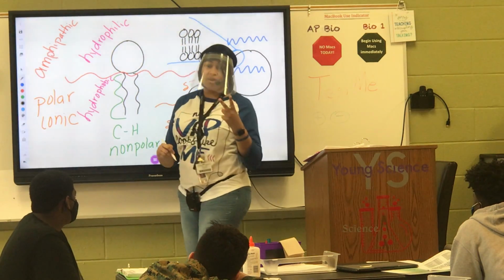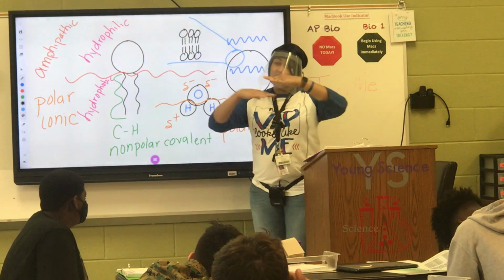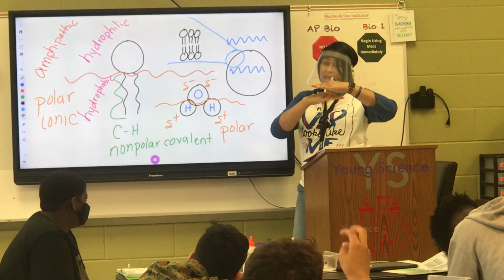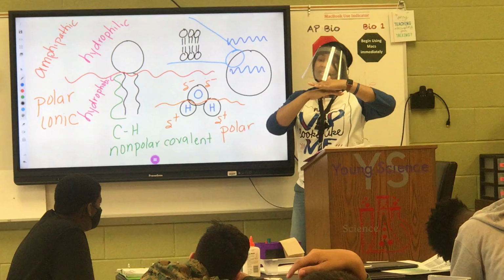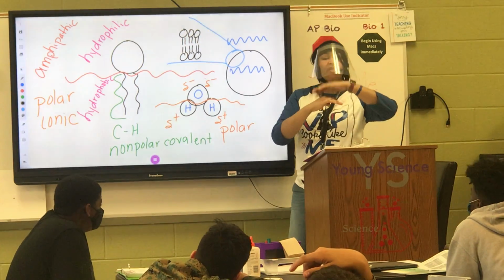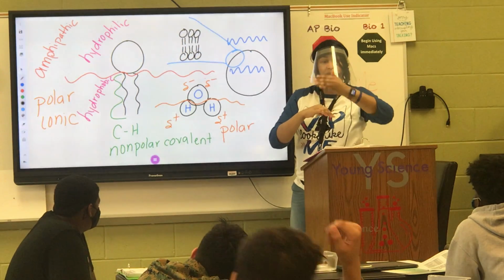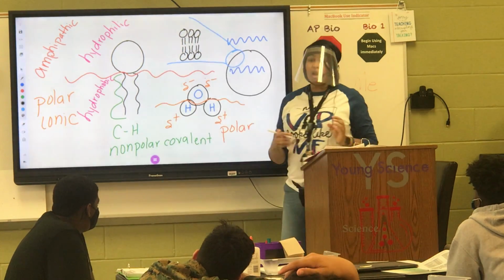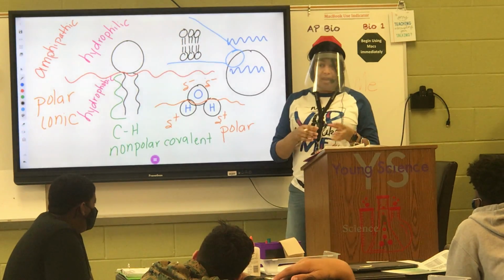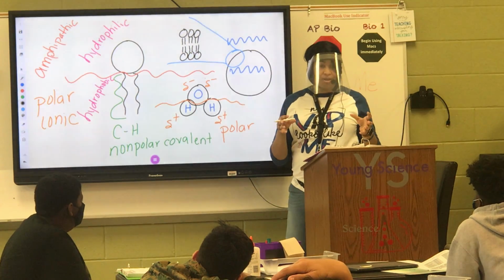So there's two layers. There's an internal layer, where the heads face the inside of the membrane, and there's an external layer where the heads face the external environment. So it forms what's called a phospholipid bilayer.